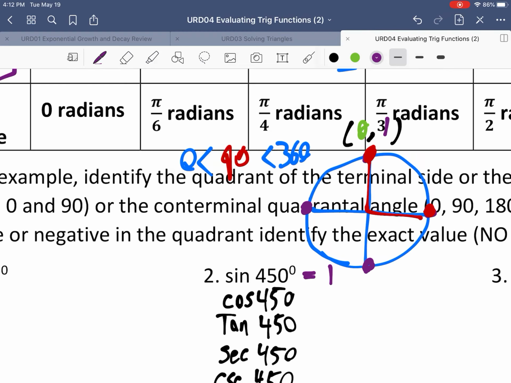The sine of 450 is 1. The cosine of 450 is going to equal 0, because it's the x value. The tangent of 450 is going to be the sine value divided by the cosine value, which is going to be equal to undefined.